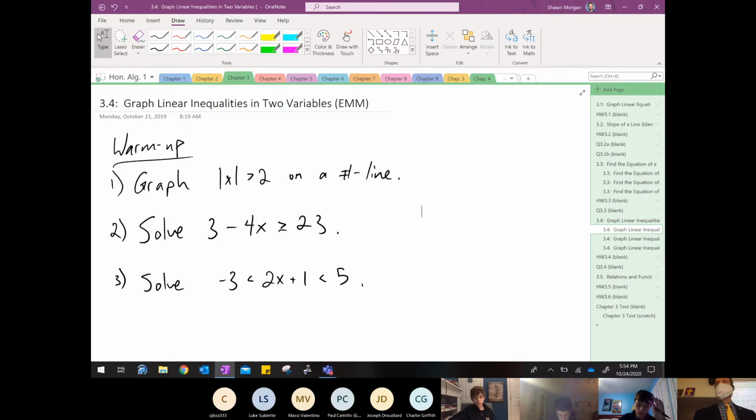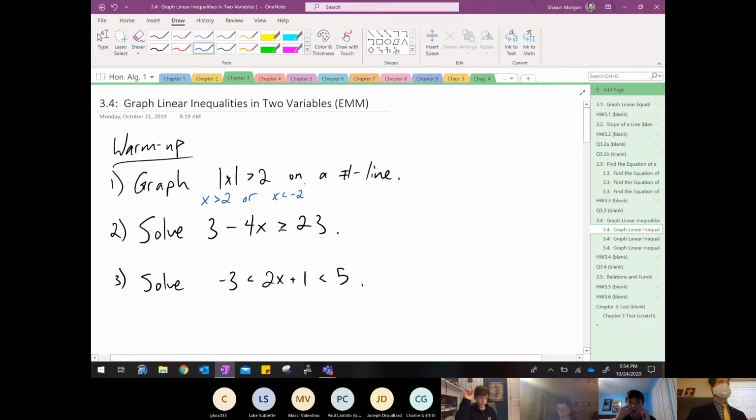I've worked blood, sweat, and tears to teach you guys that absolute value is greater than 2. What does that mean, Will Edwards? Greater than 2? I emphasized the word or when I said greater than 2. Yeah, x is greater than 2 or x is less than negative 2.